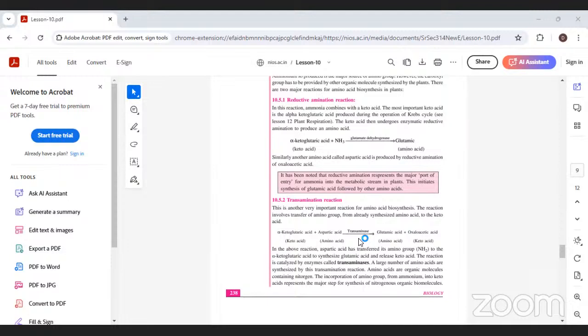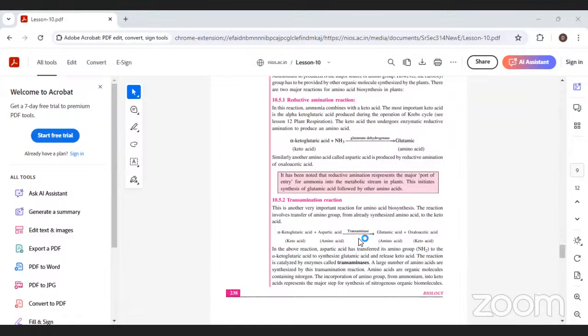This reaction involves transfer of an amino group from an already synthesized amino acid to a keto acid. Alpha ketoglutaric acid and aspartic acid, with the transaminase enzyme, form glutamic acid plus oxaloacetic acid.